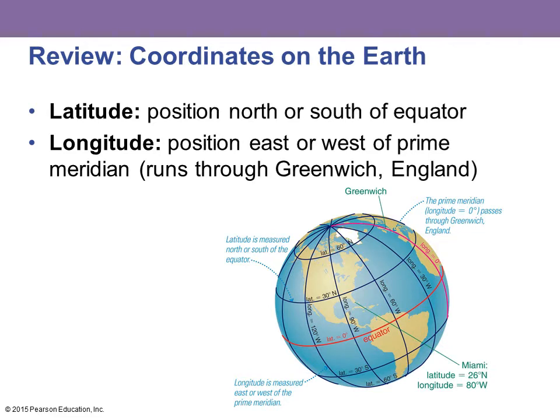Latitude's naturally defined, but longitude had to be defined by man in terms of lines going north and south across the globe. The first line of longitude was determined to be the prime meridian, and the prime meridian, even today, runs through Greenwich, England. So any longitudes that are west of the prime meridian are considered west longitudes.